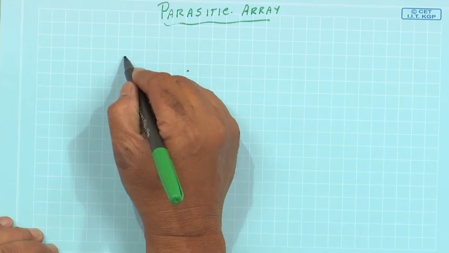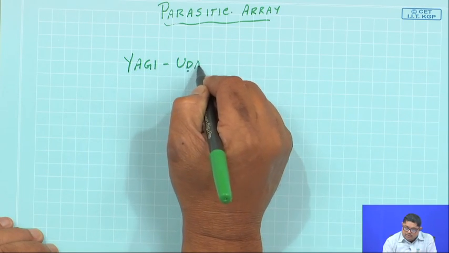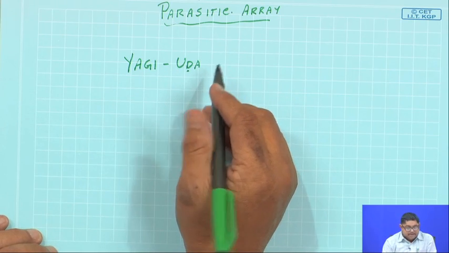One of them is the very famous Yagi-Uda array. Yagi and Uda were two Japanese scientists.